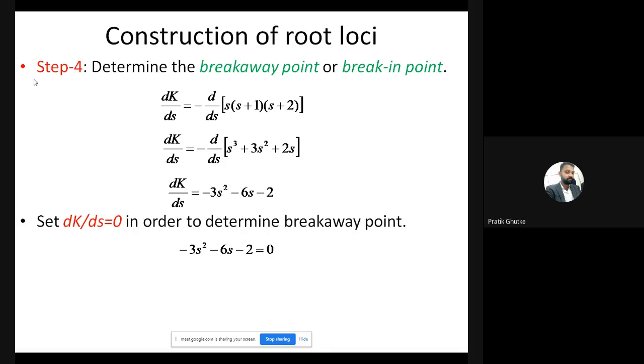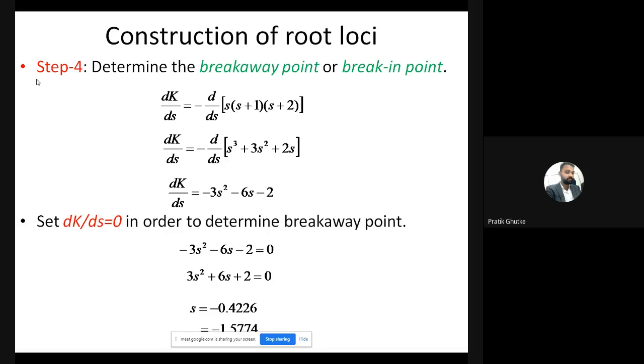In calculus, you do the simplification and then get the values for the breakaway point, and then we can check which are valid and which are invalid breakaway points. First it is coming minus 0.4226, and the next root is minus 1.5774.